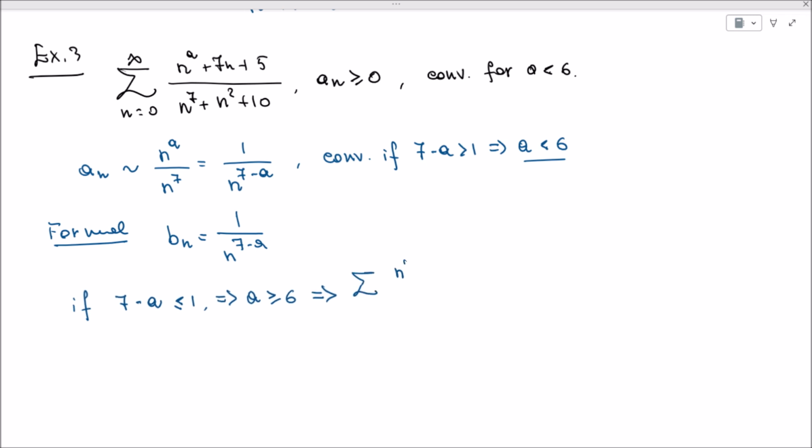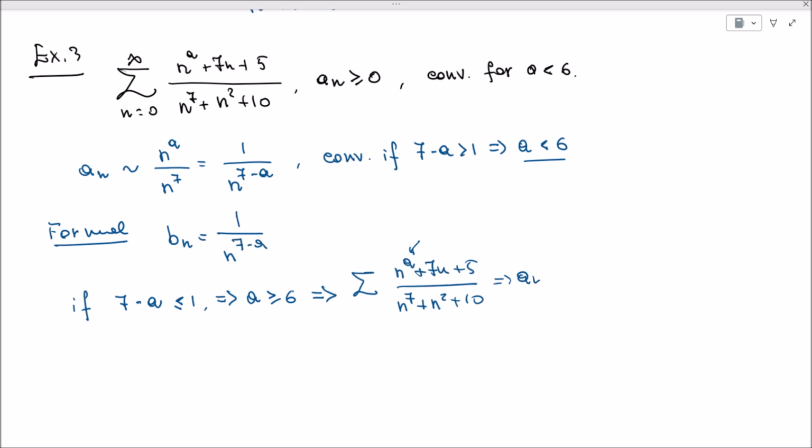We have n to the a plus 7n plus 5 divided by n to the 7 plus n squared plus 10. So we see that now this exponent is at least 6, okay? And if we have 6, we will get exactly the equivalence with the harmonic series. If we have more than 6, 7 or more, well, in that case, the term an will diverge to plus infinity.